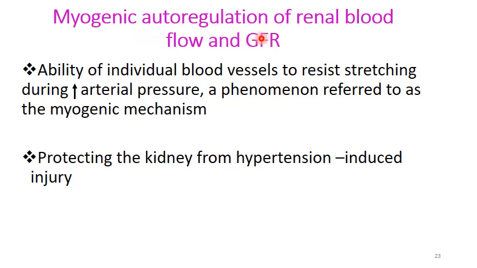Now, myogenic autoregulation of renal blood flow and GFR. It is the ability of individual blood vessels to resist stretching during increased arterial pressure, a phenomenon referred to as the myogenic mechanism. It protects the kidney from hypertension-induced injury.